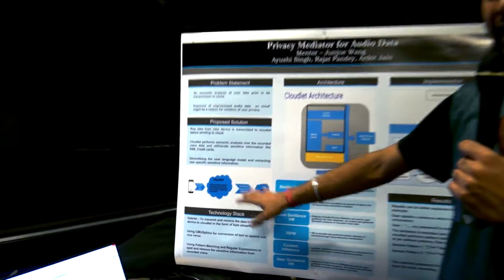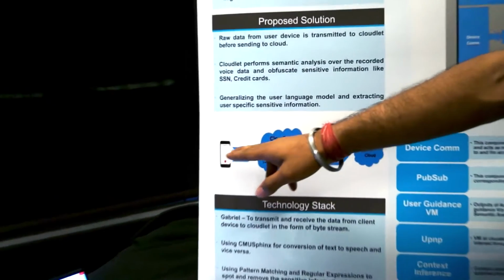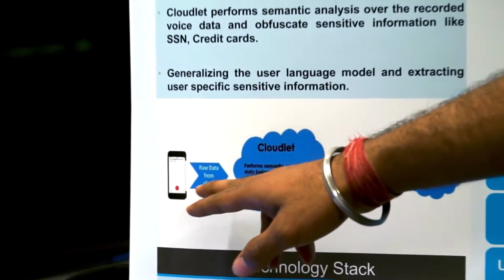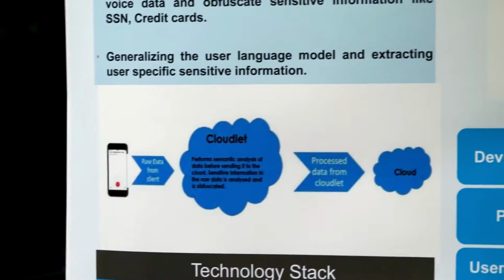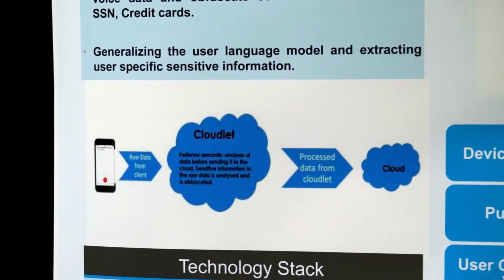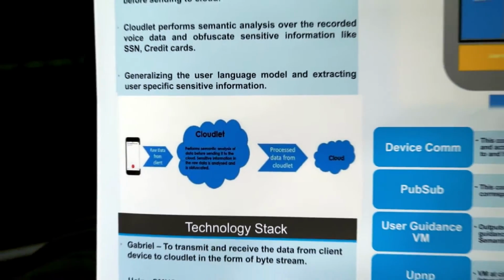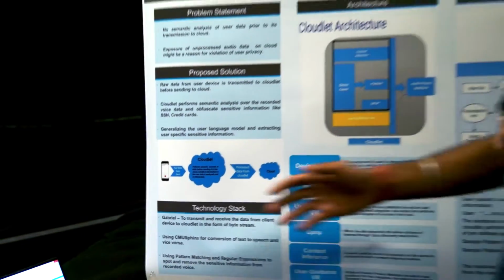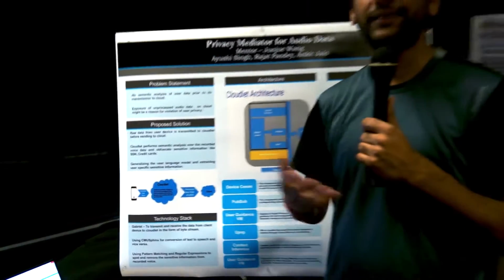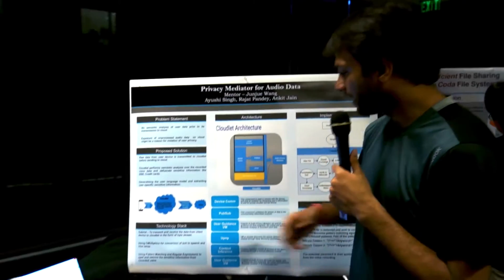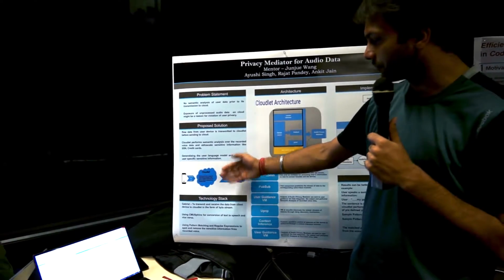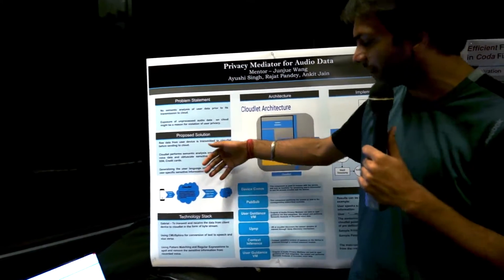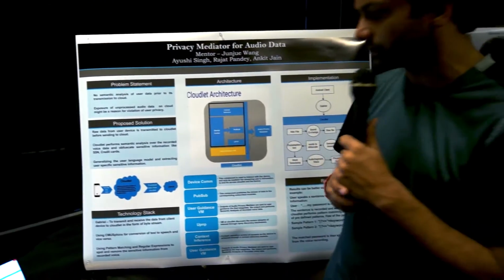This is a higher level diagram where initially whatever is spoken over the phone is transferred to the cloudlet, and the cloudlet is known to provide very high efficiency and high processing power. So we are using this inherent feature of the cloudlet to perform our heavy semantic analysis. After that, the processed data is transferred back to the cloud or any end user.